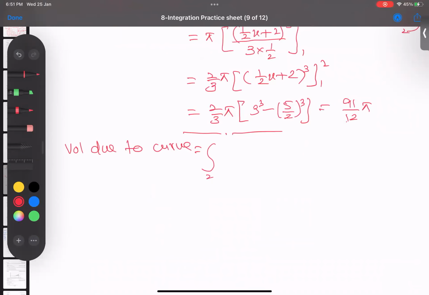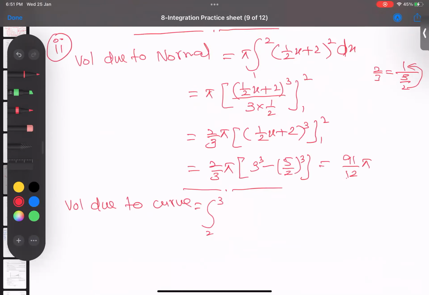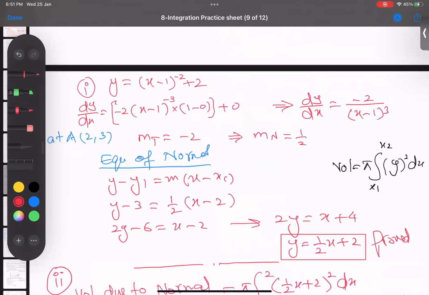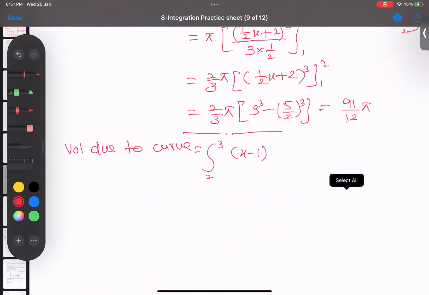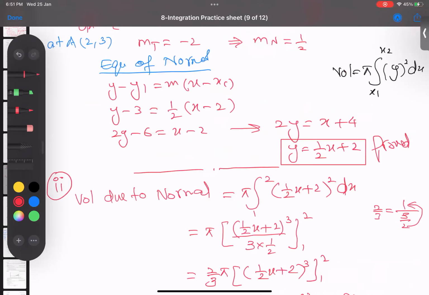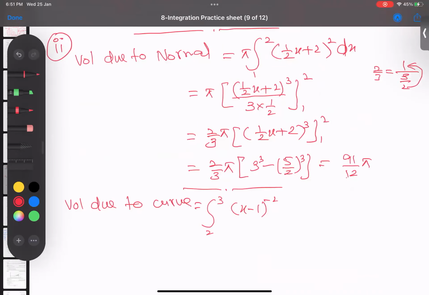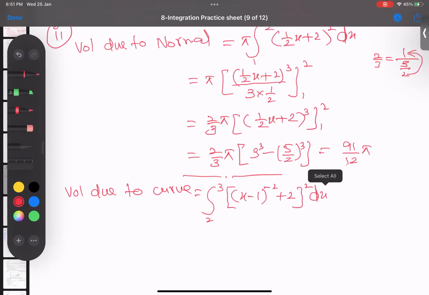The other limits are 2 to 3, and the curve equation is very clearly mentioned here. So (x minus 1) to the power minus 2, plus 2 separately, and the whole square on top. Okay, let's complete.